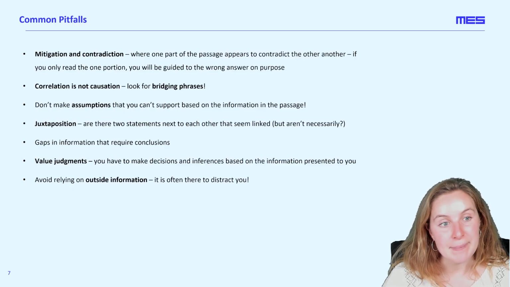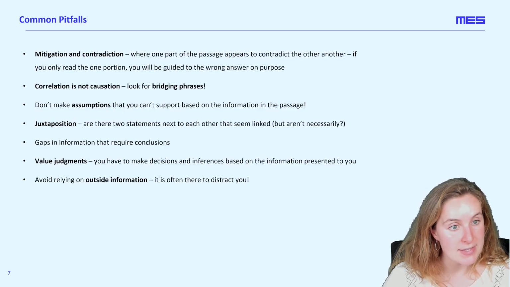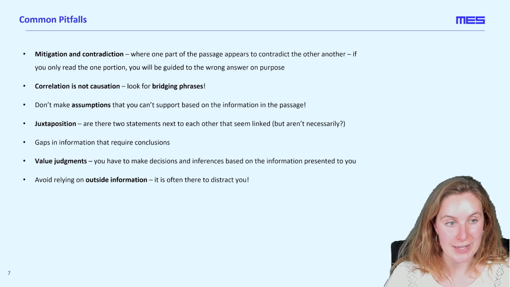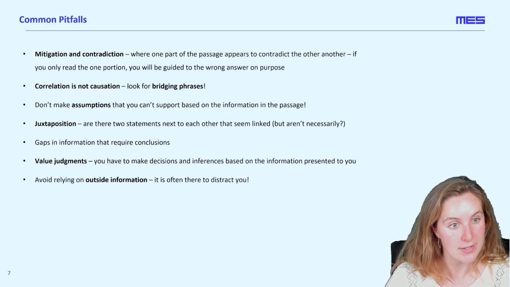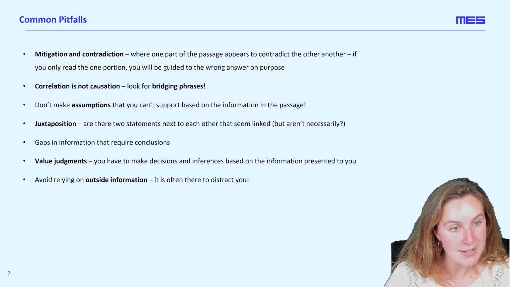If not, they may just be next to each other, and the level of detail that is the difference in both actually allows for a grey area, which means you're being guided to a wrong answer rather than a certainly correct answer. You don't want to make assumptions that you can't support based on the information in the passage.